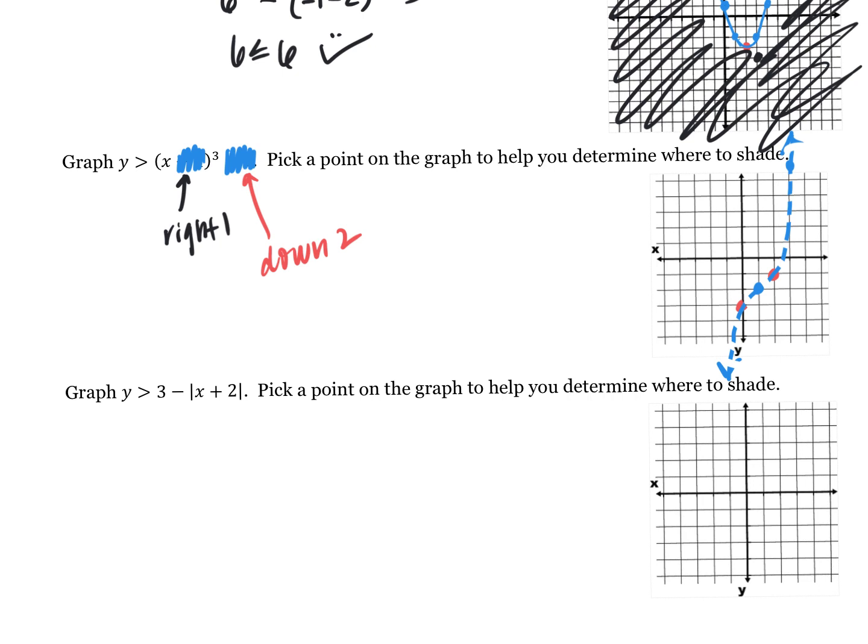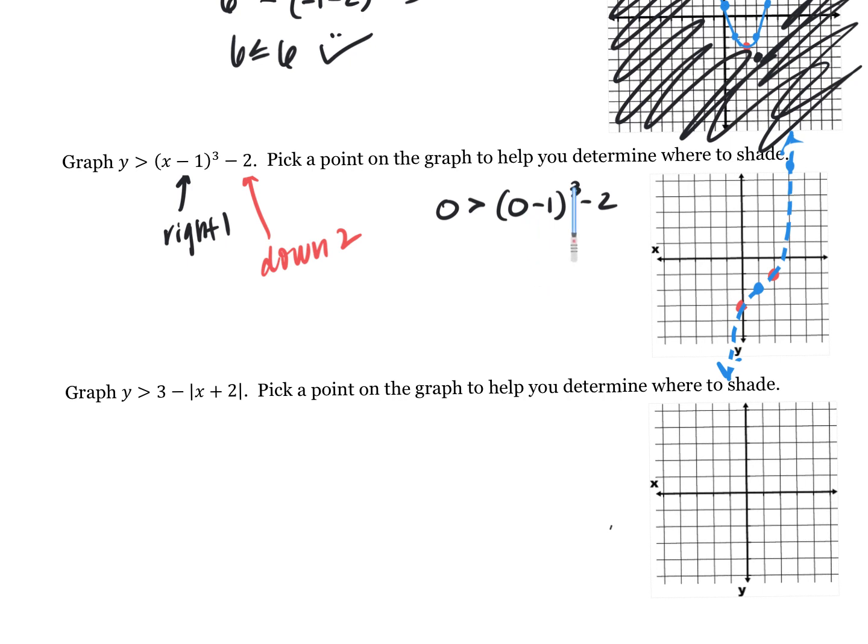Okay. Pick a point on the graph to help you determine where to shade. Yeah, Mateo. So give me a point that we want to pick. 0, 0. I agree. 0, 0 is not on my line. If I go back to my function, if we're plugging in a 0 for y and a 0 for x, is 0 greater than 0 minus 1 cubed minus 2?